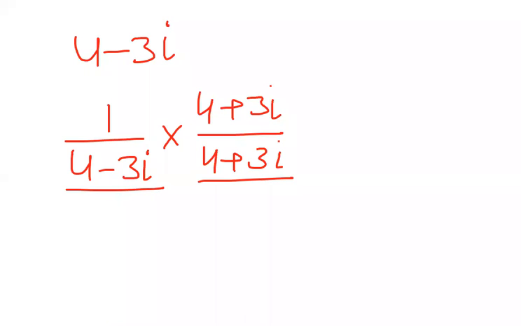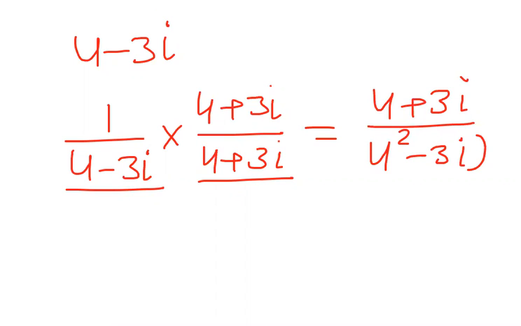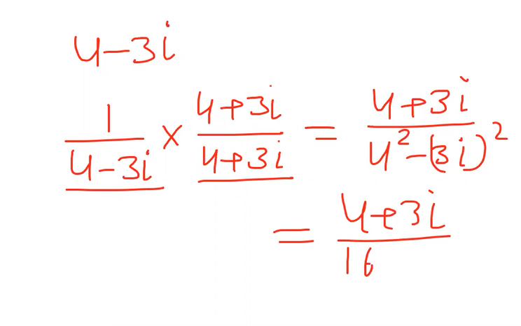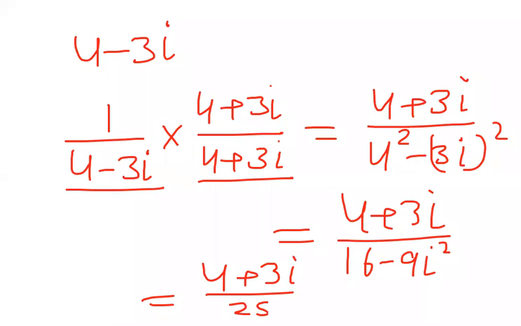What I could write? 4 plus 3i upon 4 square minus 3i whole square. It becomes 4 plus 3i upon 16 minus 9 i square. And the value of i square is minus 1. So it becomes 4 plus 3i upon 25.